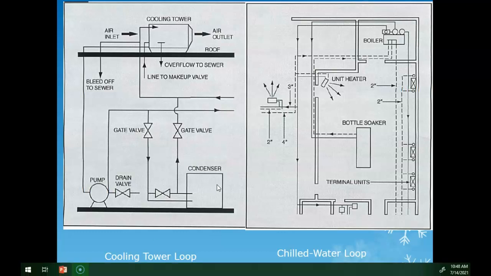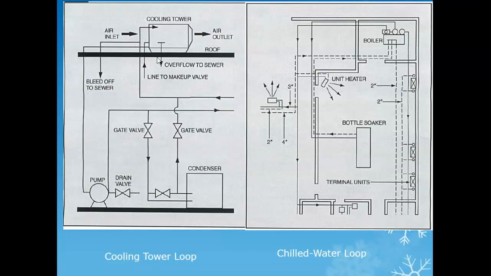So this is a cooling tower loop versus a chilled water loop. Again, they don't really seem to be that much different. I'm not sure if that's correct on what that is, because they've got the lines running a little bit wonky to me on this one.